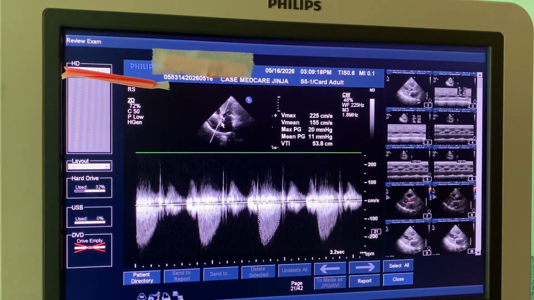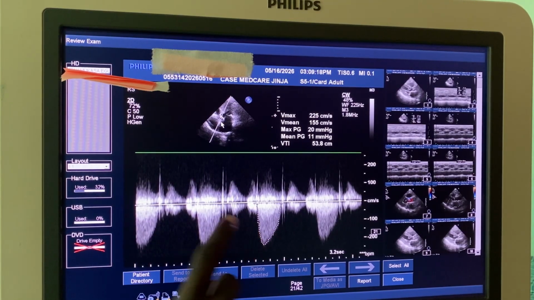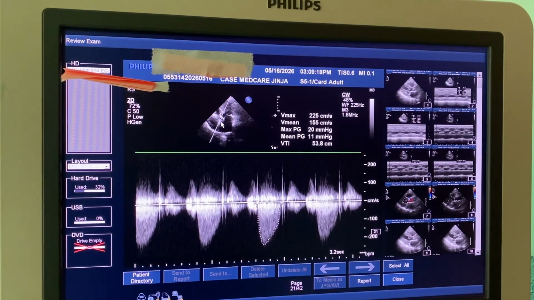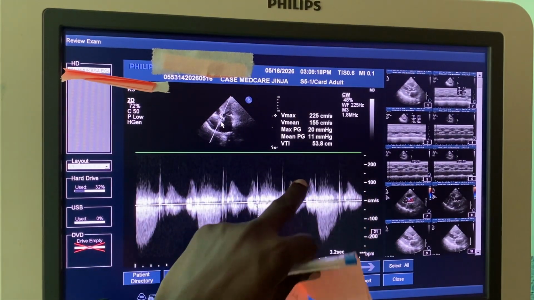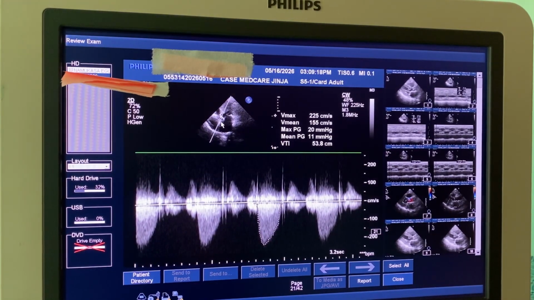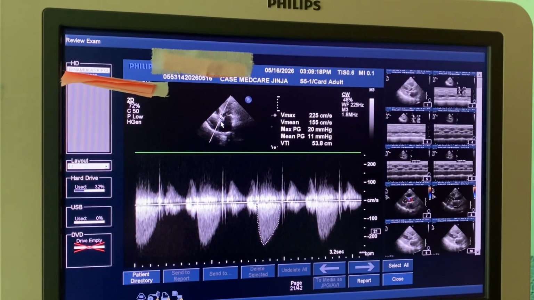We also put the pulse wave, because we know there is laminar flow in LVOT. So we use pulse wave to record something like this for LVOT. Then we trace it and get the VTI. We shall get all these values, but what we want here is the VTI. The VTI we got was 22.3. So write it. LVOT VTI 22.3.